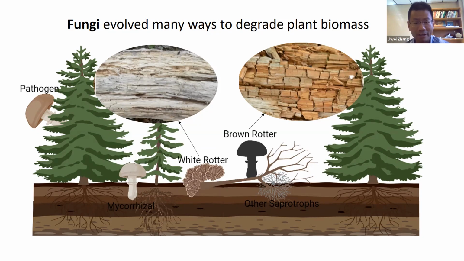They have a very efficient way to decay the wood structures. So if you go to the forest area, especially here, you will find many brown rot wood residues on the forest floor. And they are basically brown in color.